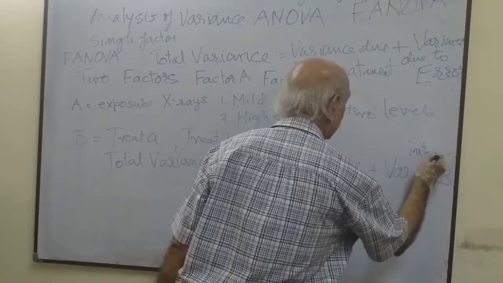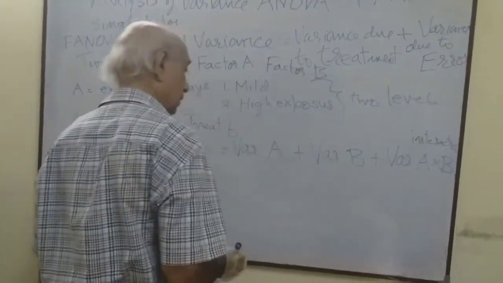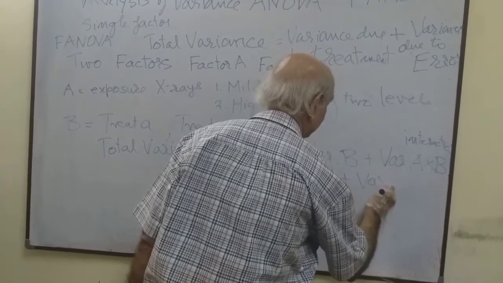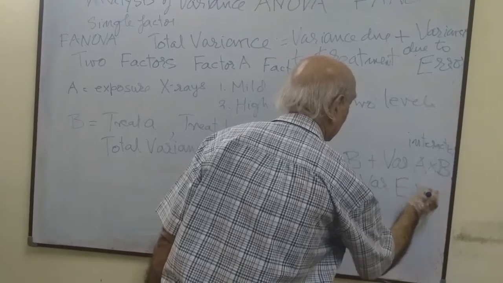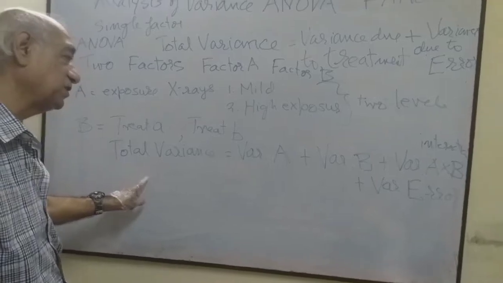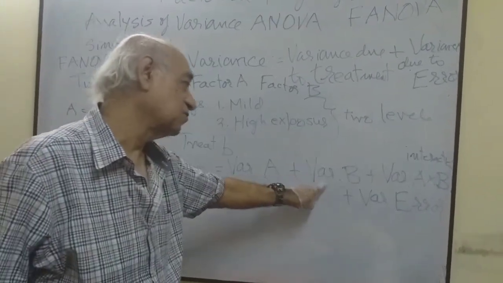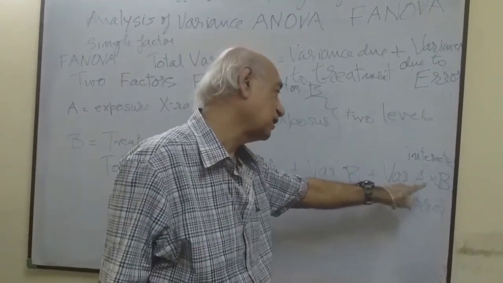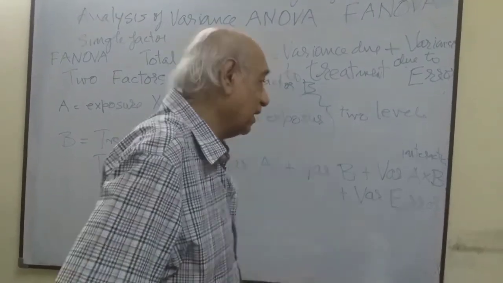A and B is interaction. Plus variance due to error. So the total variance here is partitioned into variance due to factor A plus variance due to factor B plus variance due to A into B plus variance due to error.